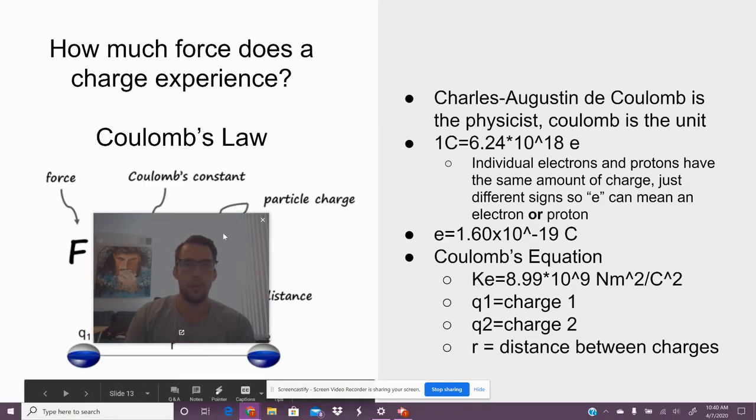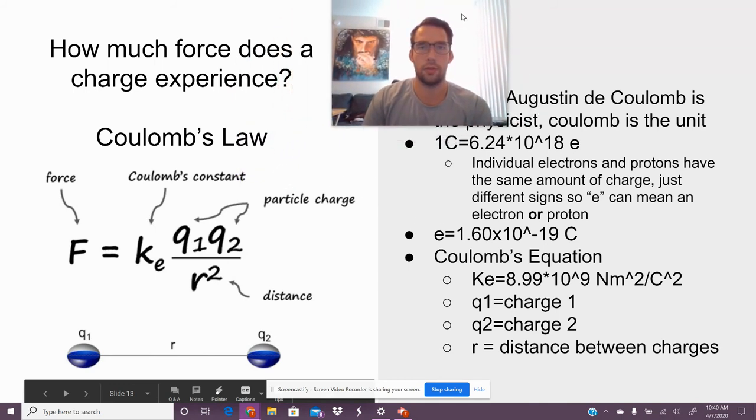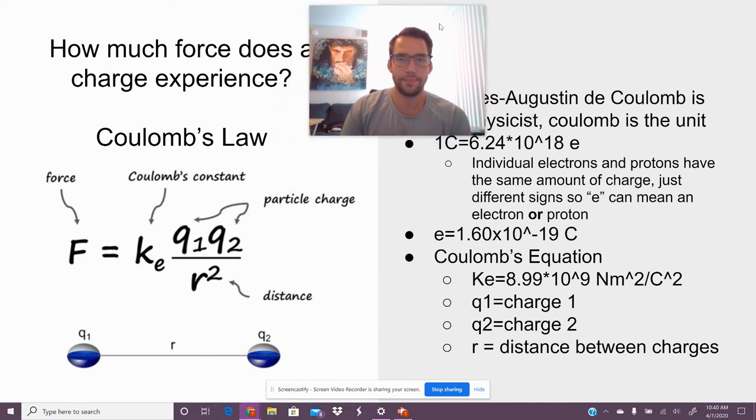Okay, so Coulomb's law is how we figure out the magnitude of the force. So we figured out the direction. Now we want to know how much force it's experiencing. And this over here on the left-hand side is Coulomb's law. If you notice, it looks very similar to the force of gravity equation.